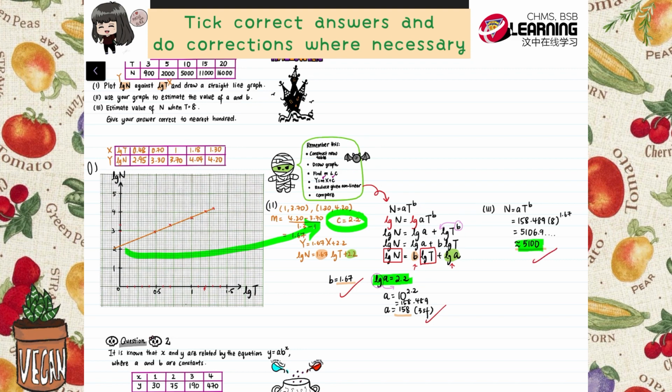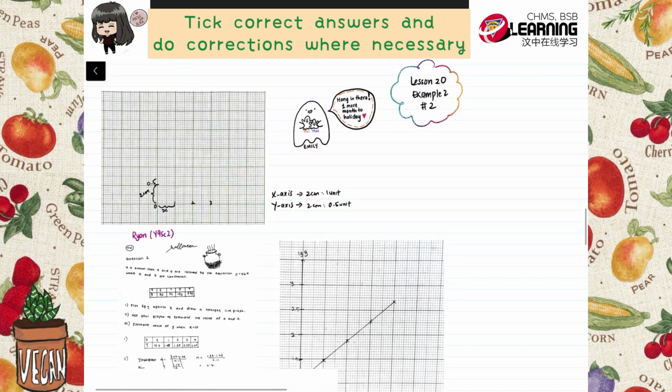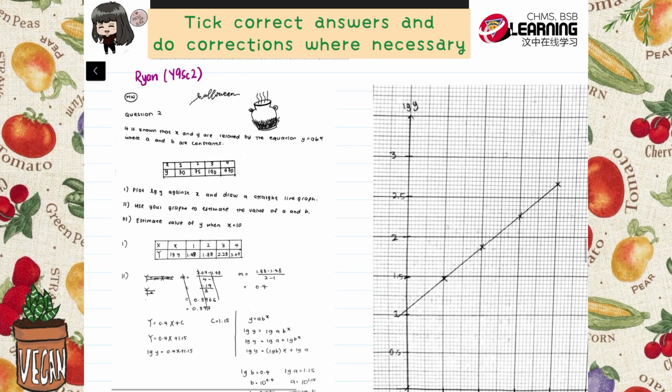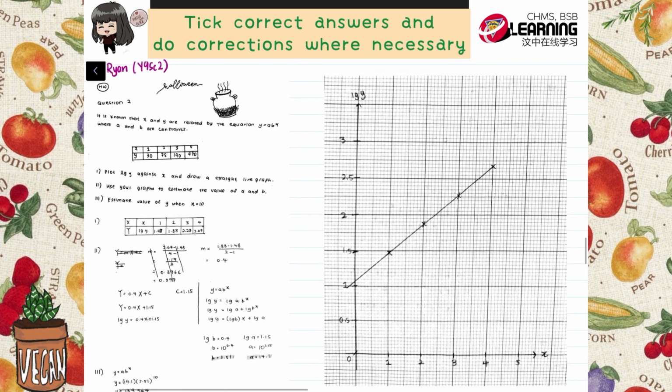And your part 3. So for question 2, I will be marking Ryan from Year 9 Science 2's work. His graph is here. It's a very neat graph, very good with a label there. Normally I check the y-intercept first.